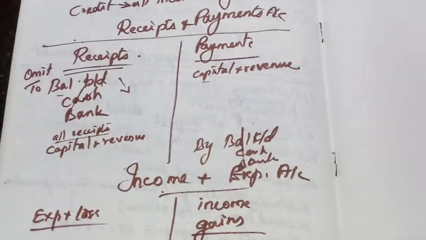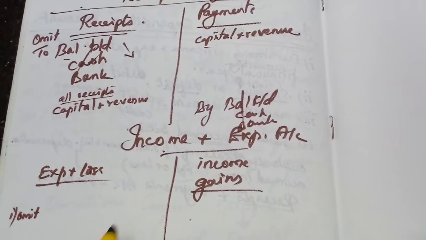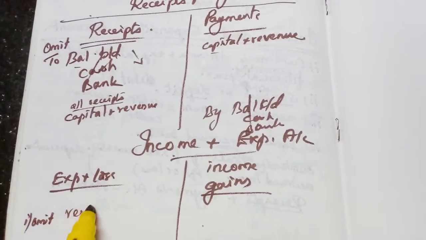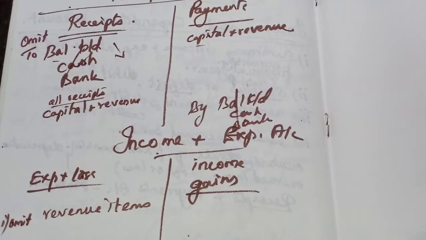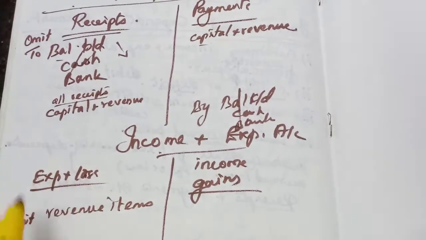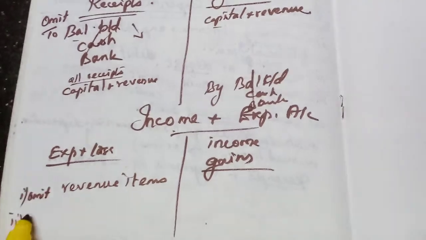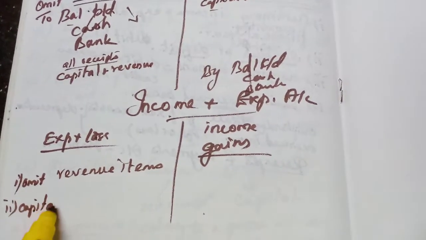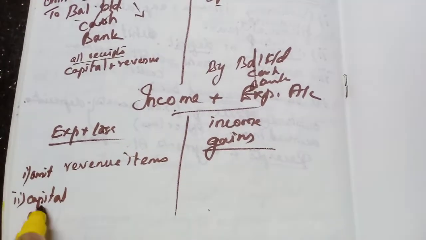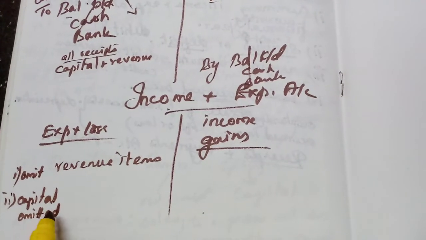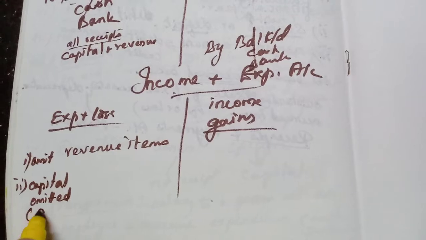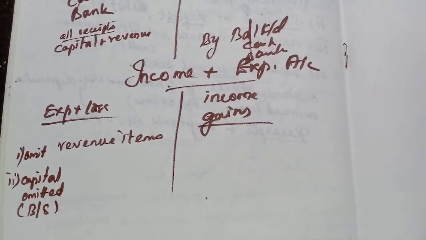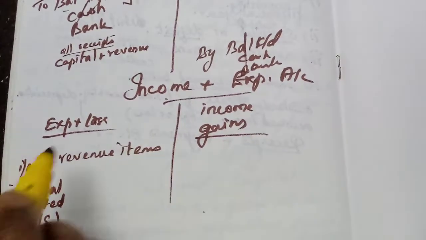But in the income and expenditure account, only revenue items will be entered. Capital items will be omitted. Where will they appear then? Capital receipts and payments will appear in the balance sheet. So only revenue items will be coming.